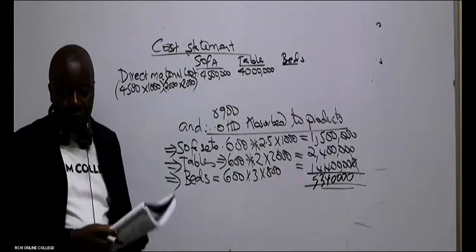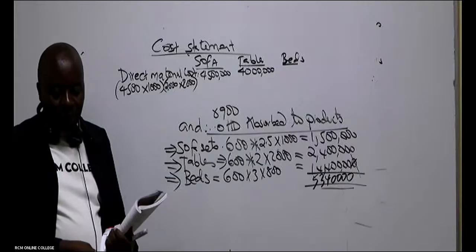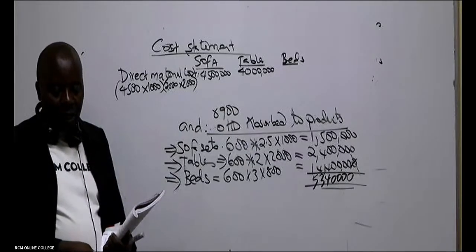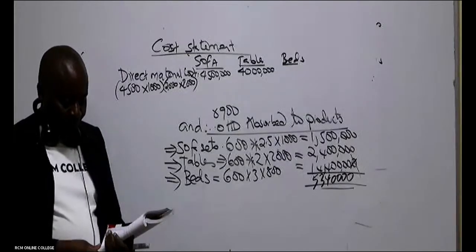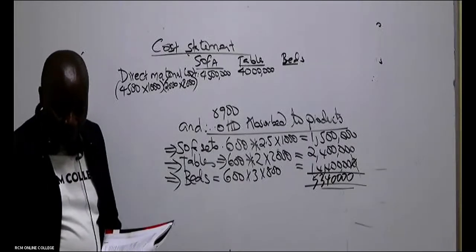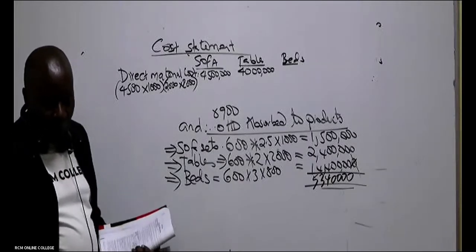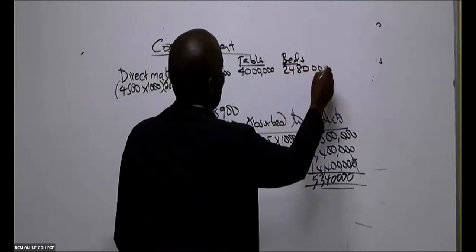The online guys, I cannot hear you today very well. For beds, it will be 3,100 times 800, isn't it? Which gives us 2,480,000. Thank you so much.